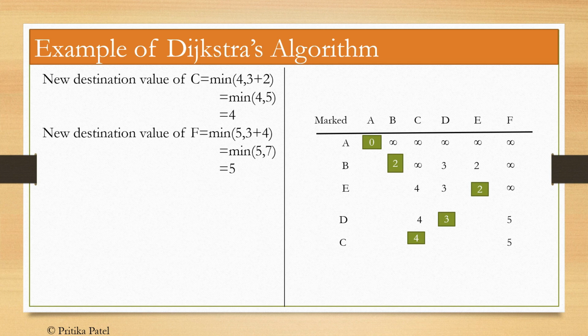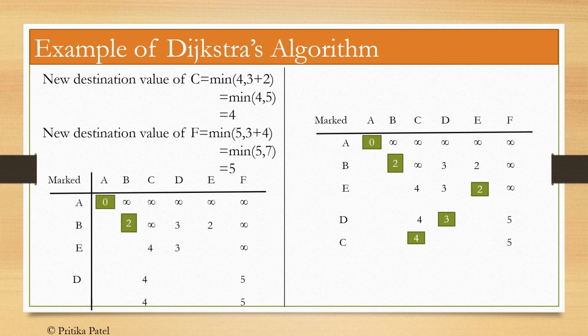Now the new destination value of F is equal to the minimum of the old value of F, that is 5, comma 3 as the mark value plus 4 as the edge weight. So the minimum of 5 comma 7 is 5. Now update the values in the table.